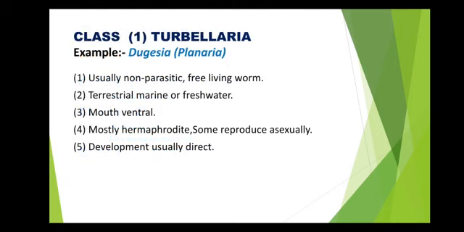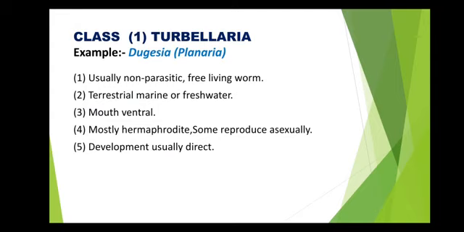Turbellaria, example Euplanaria, planaria. Another example, Mesostoma. The general characters of Turbellaria are: number 1, usually non-parasitic free living worms called planarians. Point number 2, they are terrestrial, marine or freshwater.